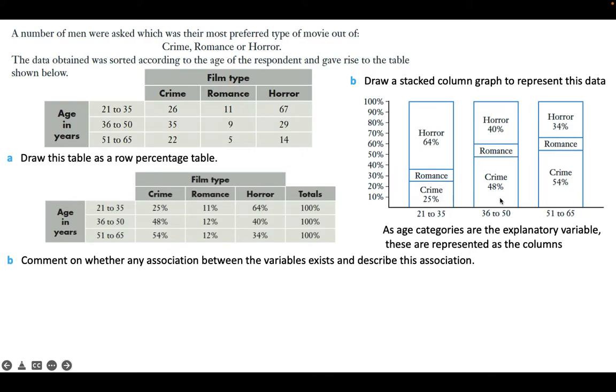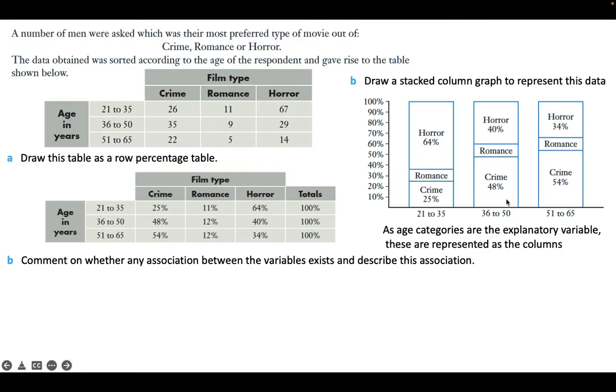We can also see here that there's a slight, but not, I would say, significant change in percentages between our two older age categories, 36 to 50 and 51 to 65, amongst any of the movies. So there's really no association as such between these two columns. So you could almost consider those as one complete age category.